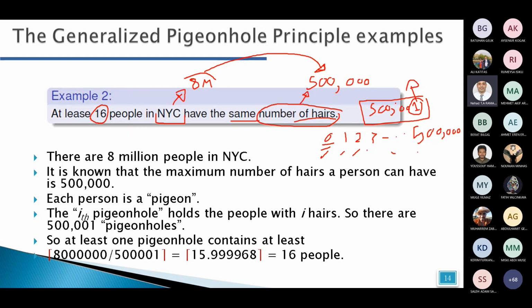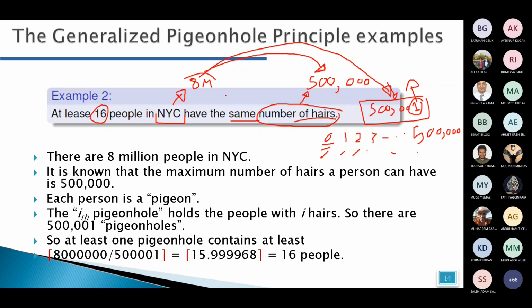So these are the holes, these are the boxes. We want to distribute the people into these holes. First hole, people with 0 hair. Second hole, people with 1 hair. Third hole, people with 2 hairs, and so on.